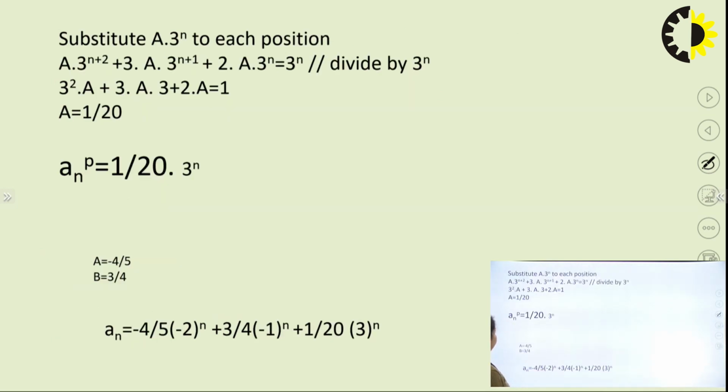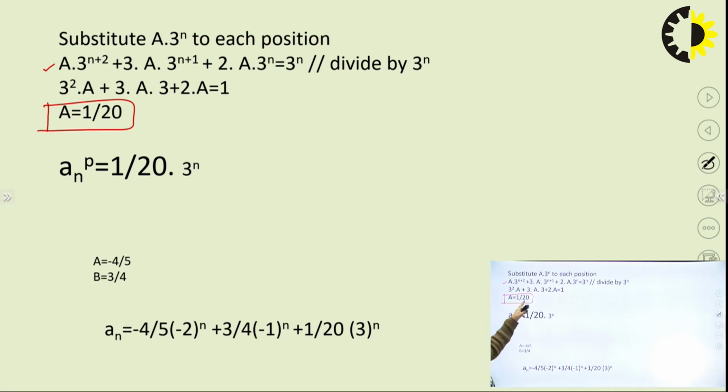Now we will substitute this a·3^n at each position in the non-homogeneous equation. So we have substituted this. Once we have substituted this, from this particular solution, I will be able to find the value of my constant a.